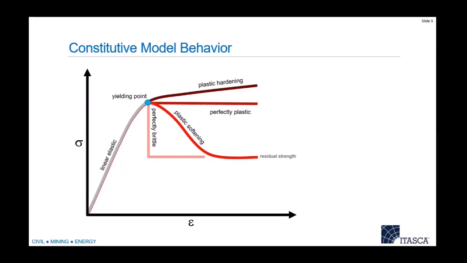Where maybe it's something between perfectly plastic and brittle. So it actually loses strength, but doesn't necessarily explode catastrophically. And so you would call this softening, and then it goes down to some residual strength. At least in the rock world, this is mostly what we're doing. And then it's also possible to have plastic hardening, certain types of soils as well. It reaches the yield point and actually stress continues to increase as you add more.